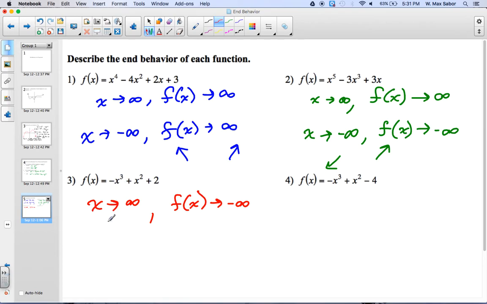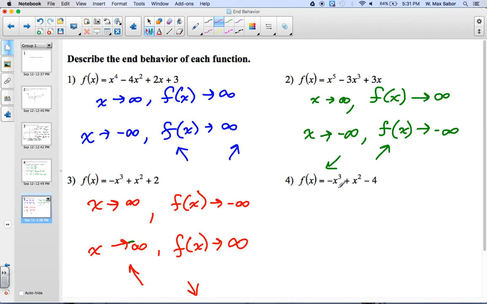The x cubed, because it's an odd exponent, I know that when we're going to negative infinity, sorry, that's supposed to be a negative, negative infinity, we know that f of x will have to go in the opposite direction because of the cubed. So it will be going to infinity. So this will look like that.